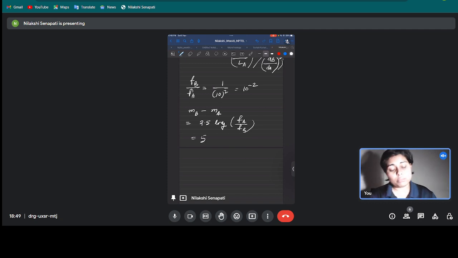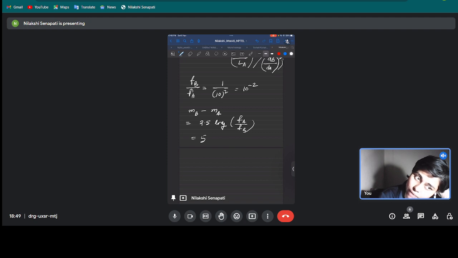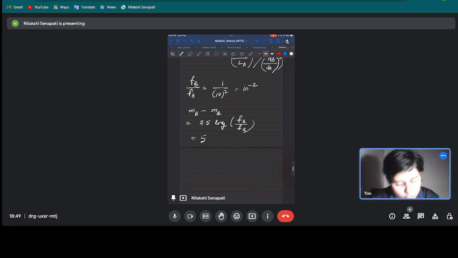Why is it so? Because M is equal to some constant C minus 2.5 log F. So if you do the MB minus MA thing, then the C's cancel out, and minus 2.5 of log of F means 2.5 log of 1 by F.